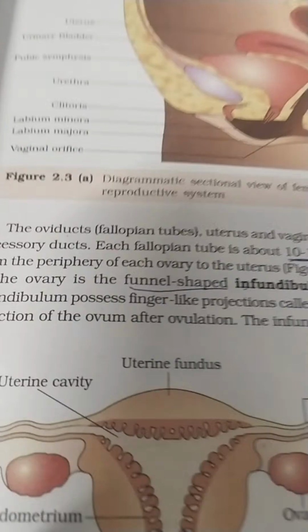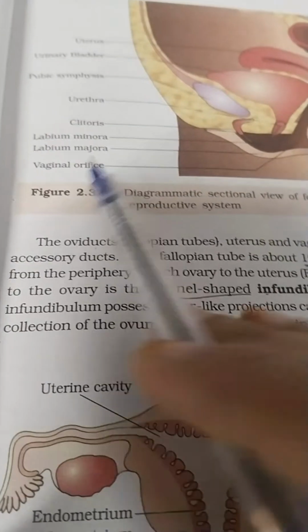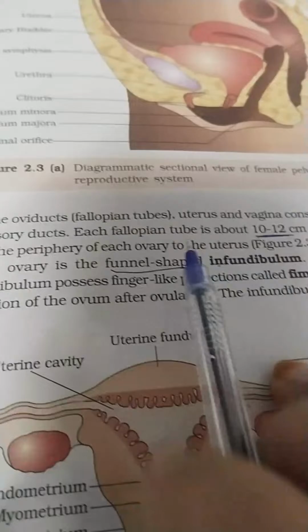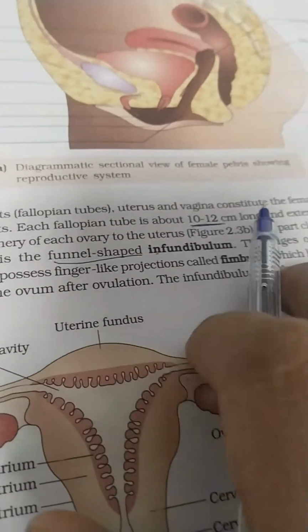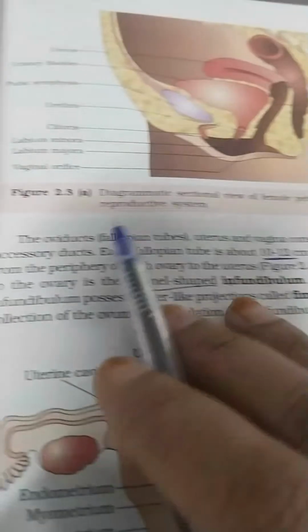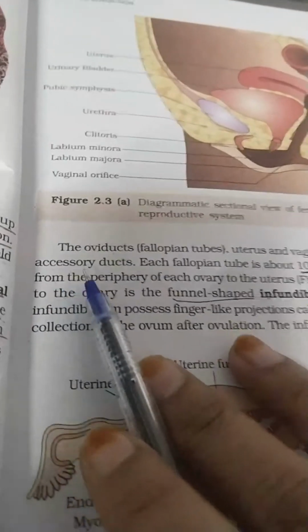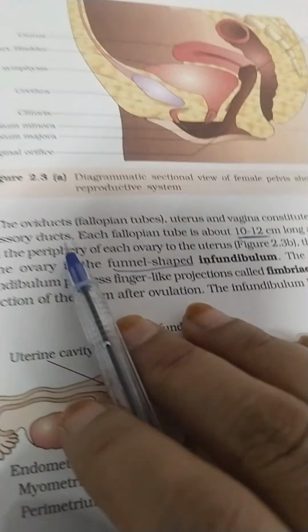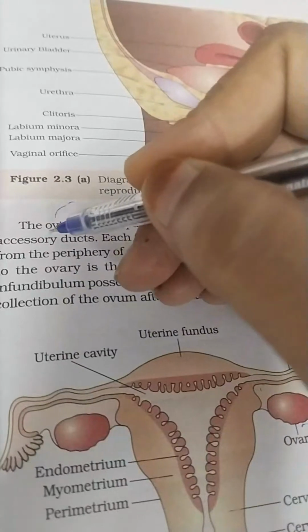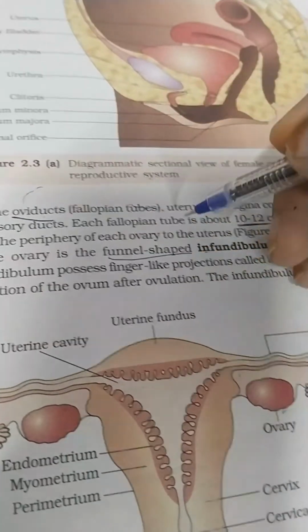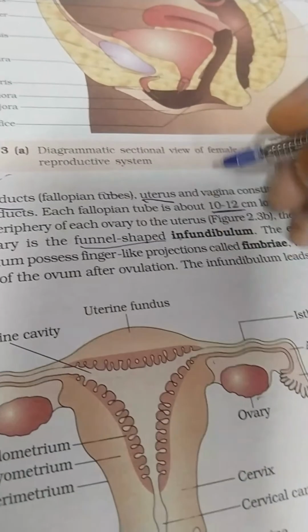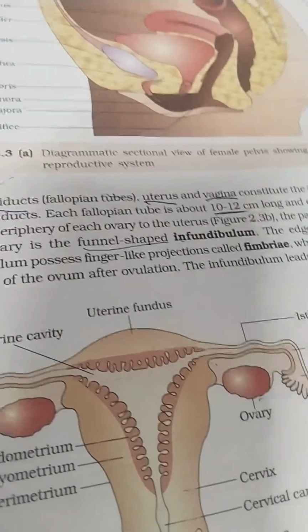So coming to the next, the oviduct, fallopian tube, uterus, vagina constitute the female reproductive accessory ducts. What are those? First is oviduct, after that uterus, and next is vagina.